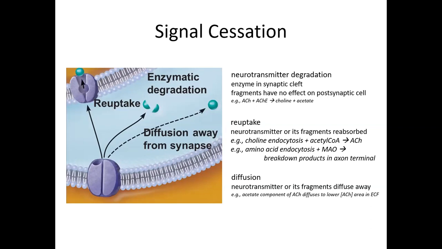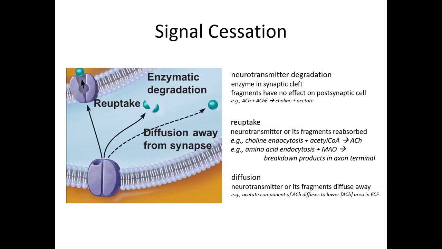The second thing is the reuptake. So either the neurotransmitter itself or one of its fragments can be reabsorbed into the presynaptic cell. So we've already learned about this with acetylcholine, where the choline part of acetylcholine undergoes endocytosis and can be reattached to acetyl-CoA to form acetylcholine inside a new synaptic vesicle.